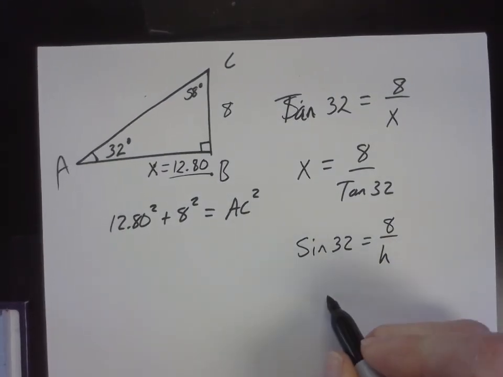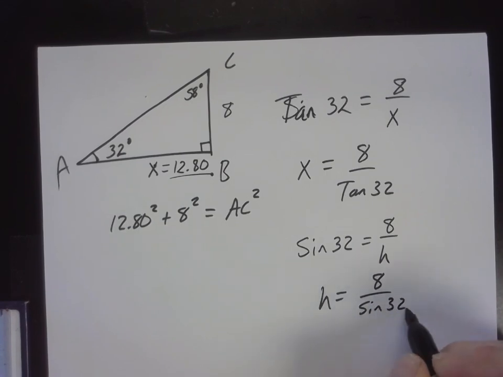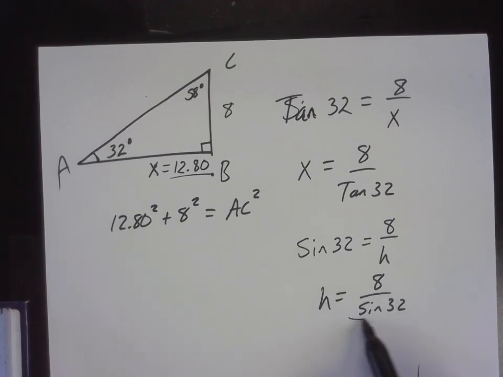So the hypotenuse then would be 8 over the sine of 32. And that way I don't have to use something I found to find something else. When my calculator does this, it's going to round it off to 9 decimal places. So my answer should be plenty accurate to 2 decimal places, shouldn't it? Yeah? Okay. So that's solving a right triangle.